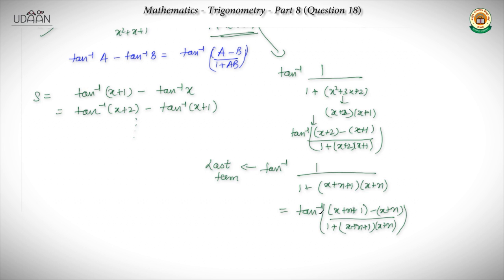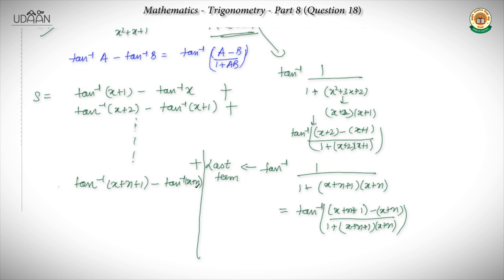This is again tan inverse of A minus B, where A is x plus n plus 1 and B is x plus n, giving tan inverse of (x plus n plus 1) minus tan inverse of (x plus n).